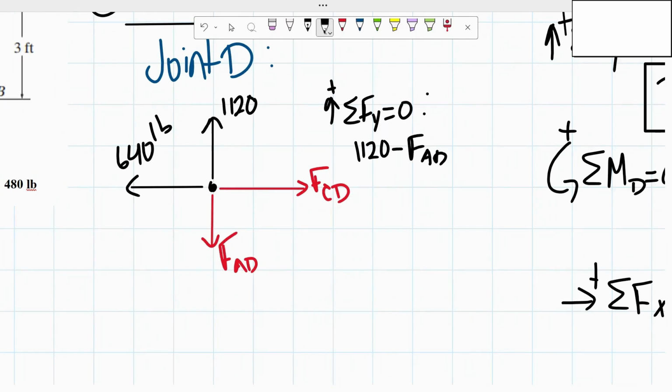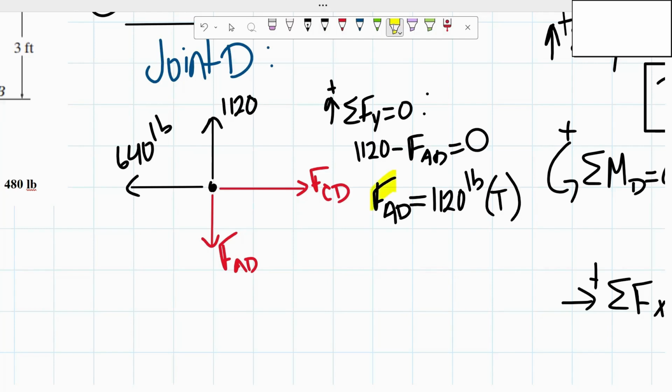Force AD has to equal 0. We end up getting that the force of bar AD is equal to 1,120 pounds. Since we got a positive number, that means it's in tension. Remember, if you get a negative number, that means it is in compression. So with that, we already determined the force of one of the bars or members.